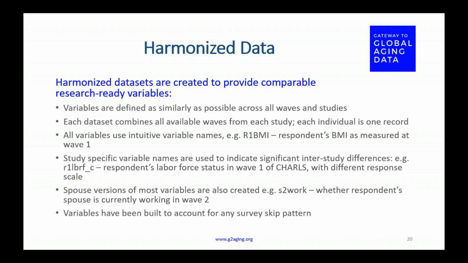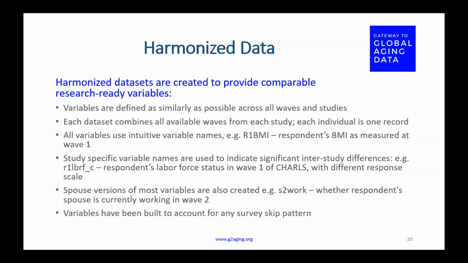And this makes complete sense. Work arrangements and labor force arrangements are going to be different in different countries. So CHARLS used this scale, which isn't exactly comparable, but it's important information. And we really try to be transparent, even in the variable name, that this isn't exactly comparable, but it captures the same information.